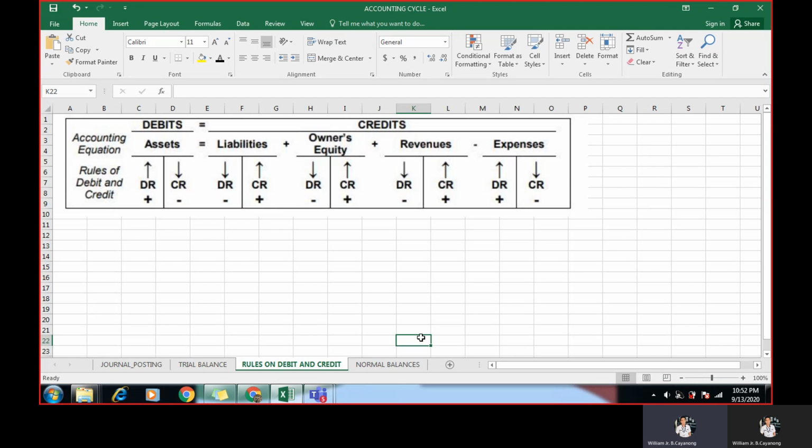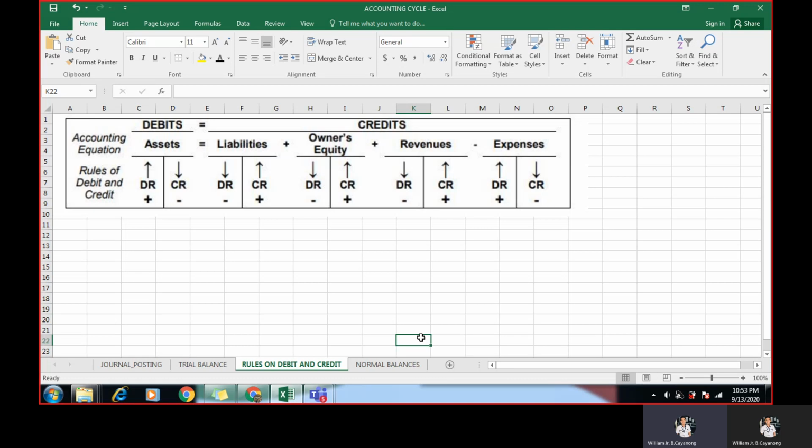So we all know that our accounting equation is assets equals liabilities plus owner's equity. Assets will have a debit normal balance, while liabilities and owner's equity have a credit normal balance.